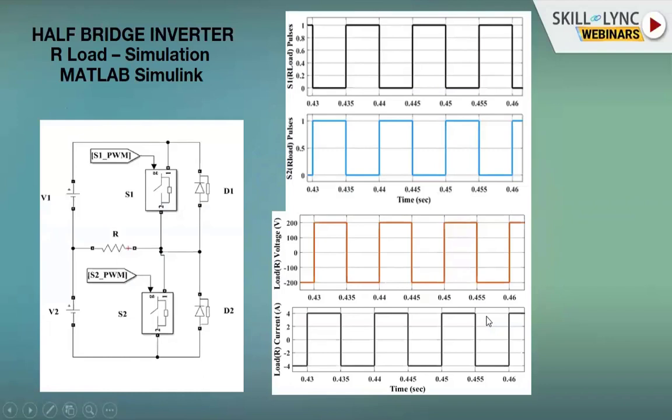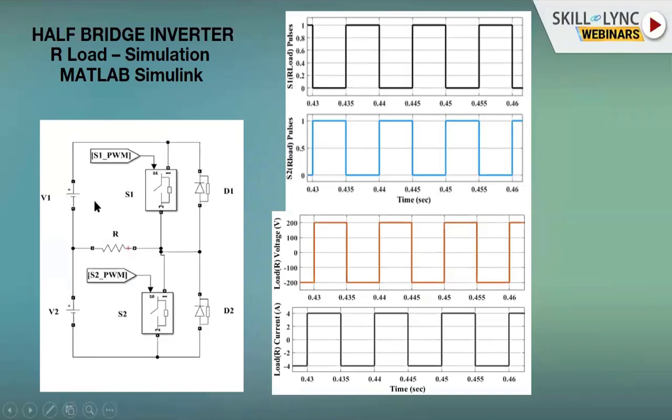Now the same circuit, whatever is shown, is being simulated in MATLAB Simulink. MATLAB Simulink is friendly software where we are able to use all the switches. We are able to get readily all the resistor or load parameters and source parameters, and each and every waveform can be seen in detail.